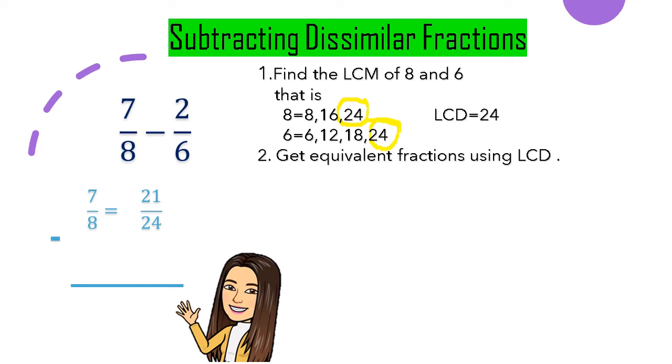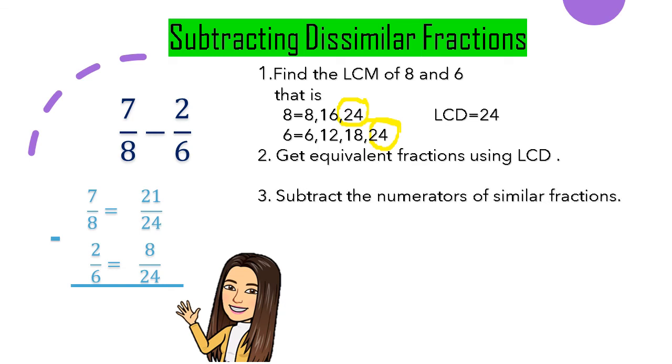That is 24 divided by 8 equals 3, times 7 equals 21. Minus the equivalent fraction of 2/6, which is 8 over 24, or 8/24.